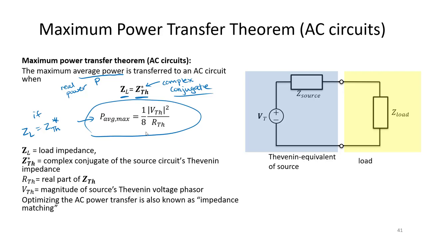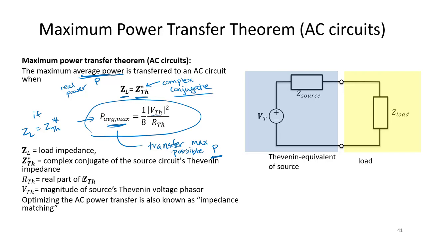So notice that there's a slight difference in verbiage here because we're talking average power. Remember, average power is the real part of complex power. That's the letter P. That's the stuff we can actually use. So our goal here is to transfer the maximum possible P. So notice in this case, we can predict what the maximum possible P value will be if we use this equation.